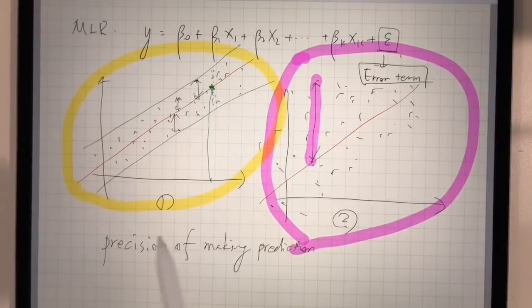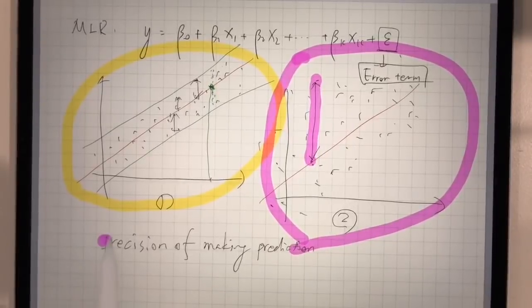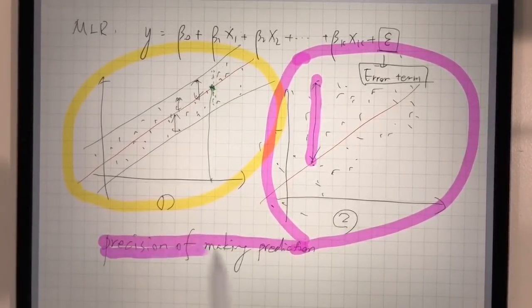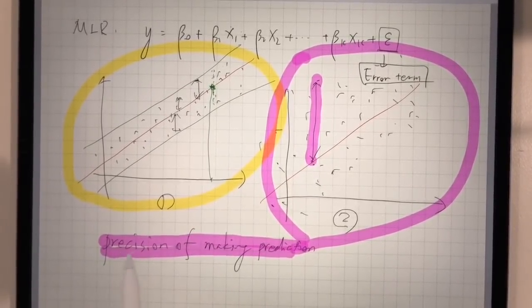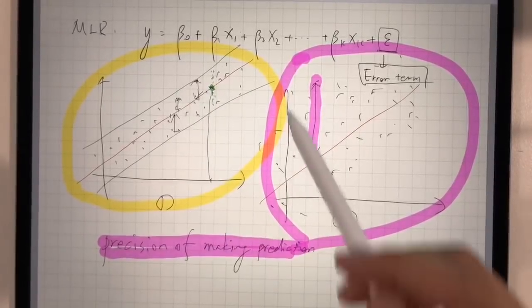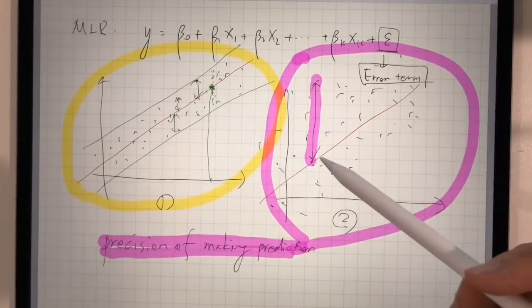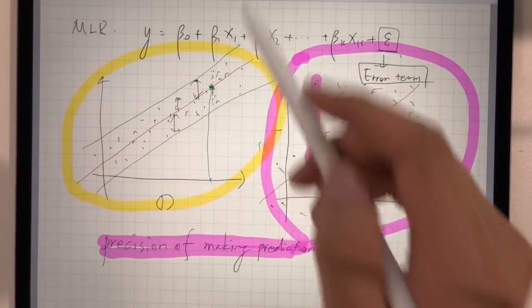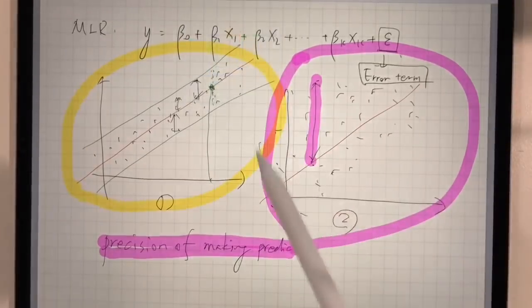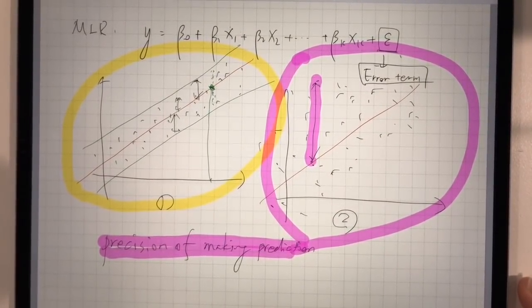So that's why I say the standard error of the error term actually measures the precision of making a prediction, okay? So hopefully I answered your question. So the larger the standard error, the less precise our prediction is, right? And the smaller the standard error, the more precise our prediction is. Are you happy with that?